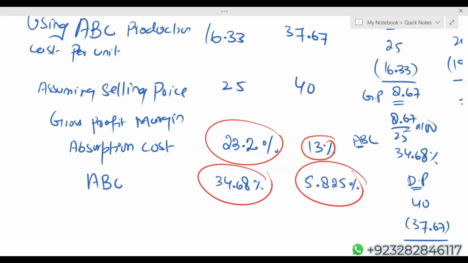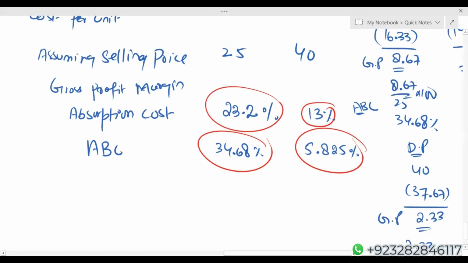So it can be seen that under absorption costing, plus is having a gross profit margin of 23.2%, but under ABC, the actual gross profit margin is far higher. When it comes to double plus, it is not giving you the gross profit margin of 13% under ABC; it has a far lower gross profit margin.